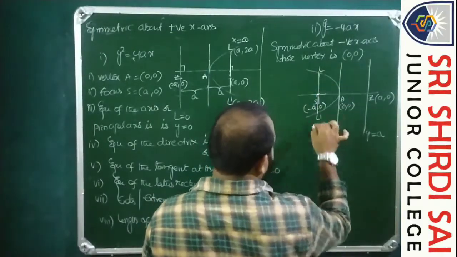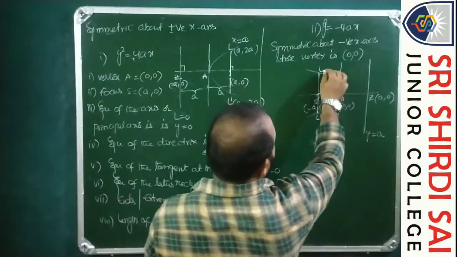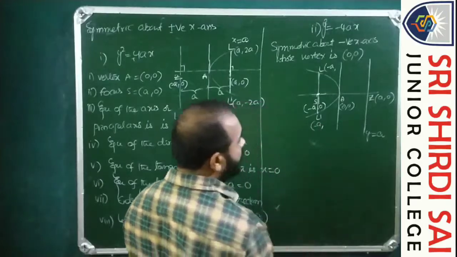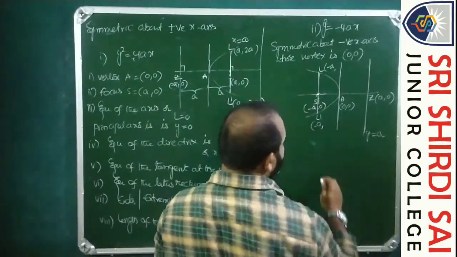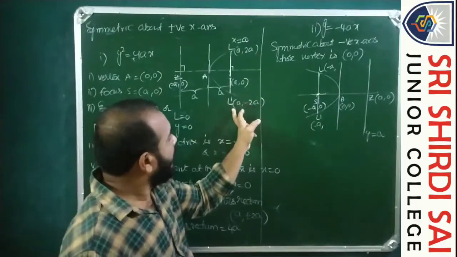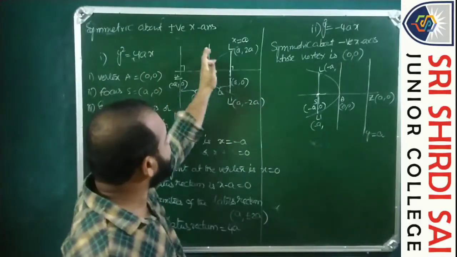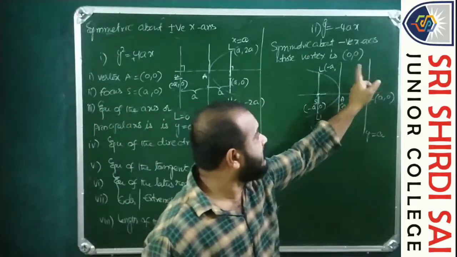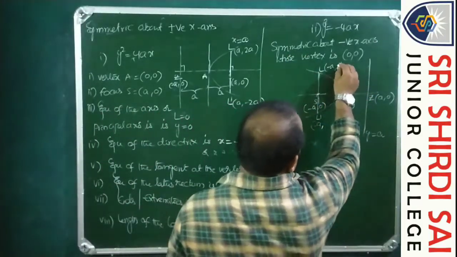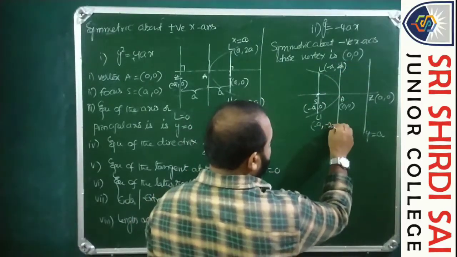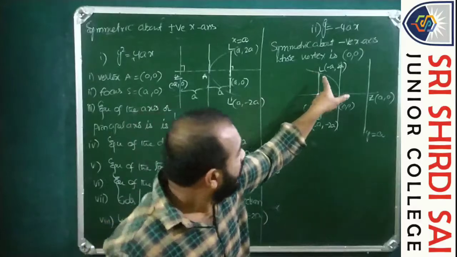This is L dash. So this is minus a comma 0, here minus a, and this is also minus a. The parabola lies in the second and third quadrants.